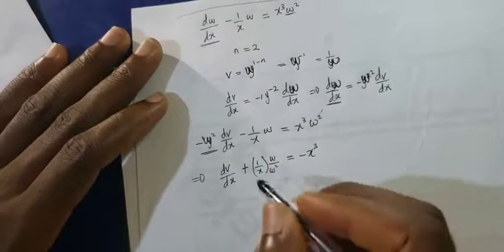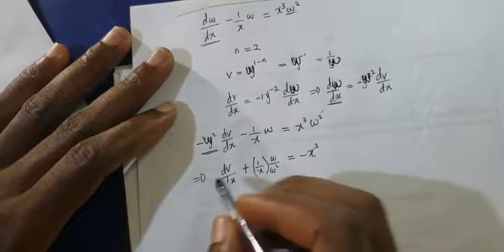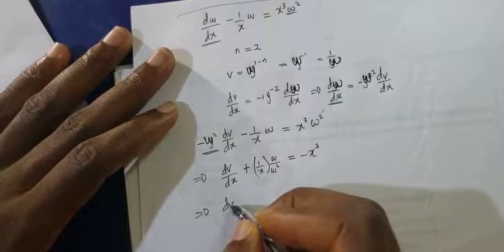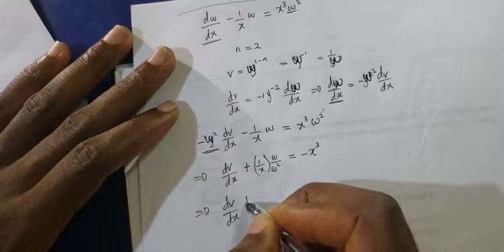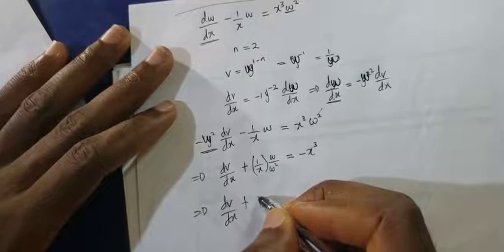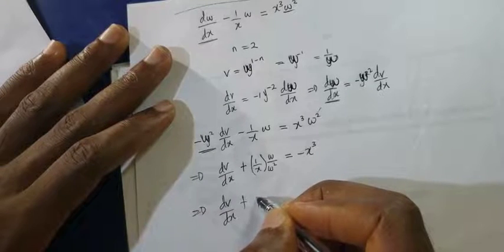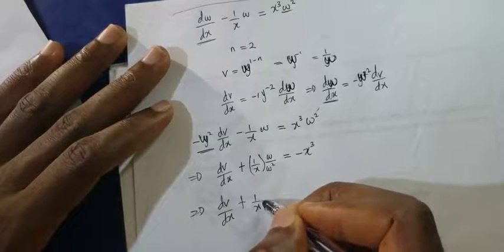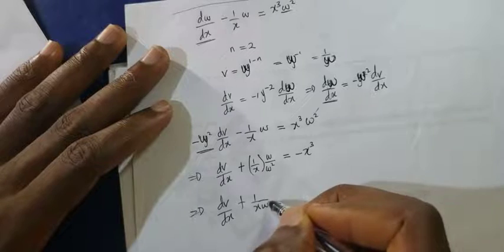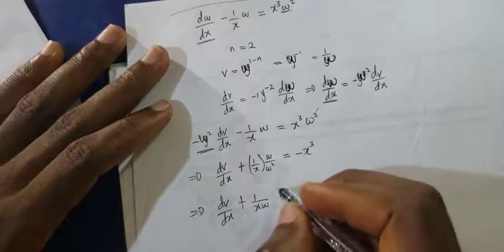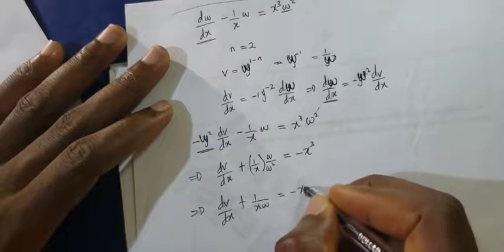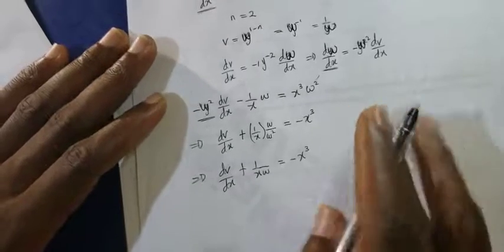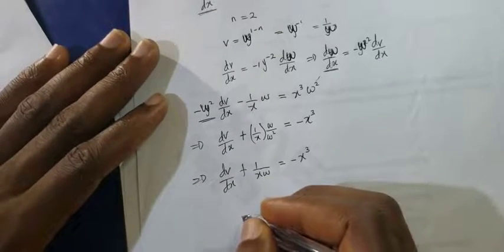And then at the end of the day we now have this to be dv/dx plus 1 over x, w over w squared, that's 1 over w, so that will be 1 over x w, is equal to minus x cubed, and then we'll get our integrating factor.